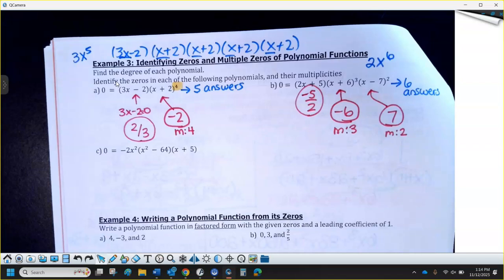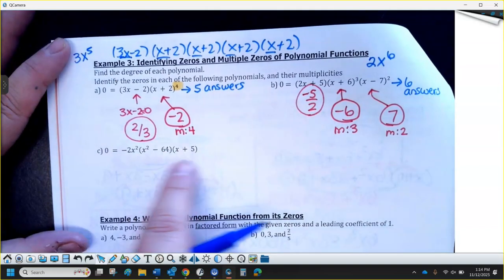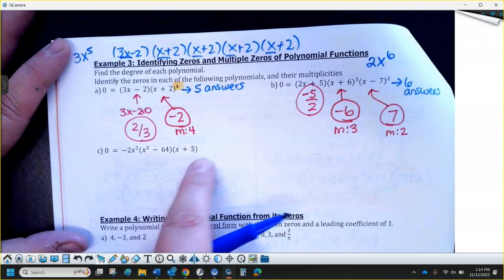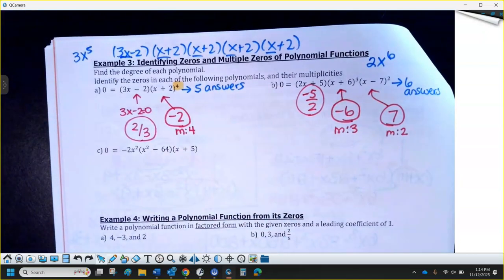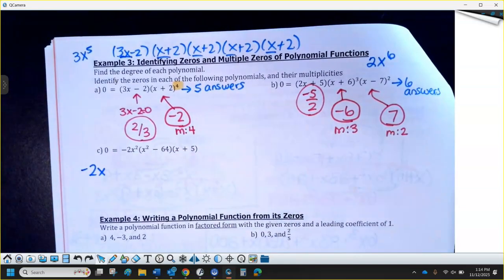Now the last one is a little bit weird. Can anybody tell me what the first term would be if you multiplied out? I've got negative 2x squared, then an x squared minus 64 in parentheses, and an x plus 5. What would it be, negative 2x to what power? You can figure it out.